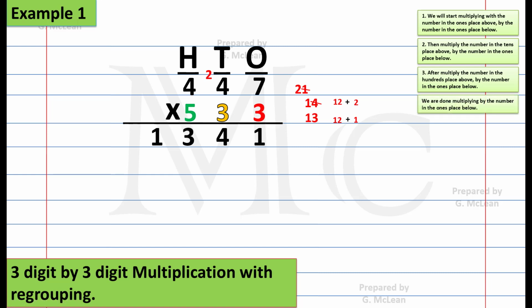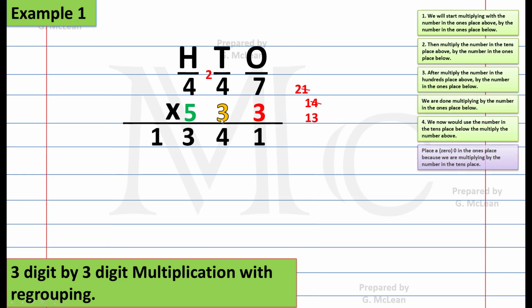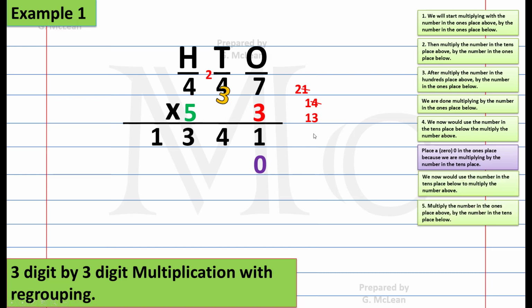Moving on. Now, because we're going to multiply by the 3, which is actually 30, in the tens house, you add a 0. Place 0 there. Let's multiply. 3 times 7, 21.